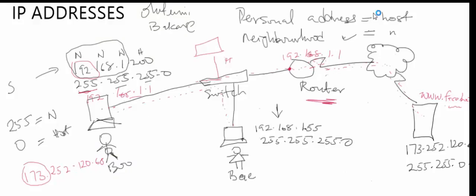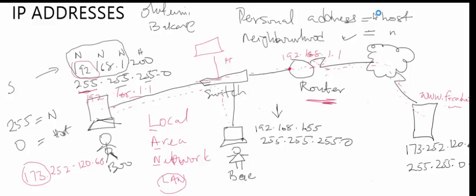Two devices want to communicate and determine they are on the same LAN. When I say LAN, I mean local area network. Since they are on the same LAN, they can communicate on the switch locally without having to go through the default gateway.